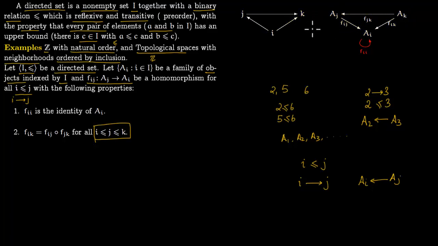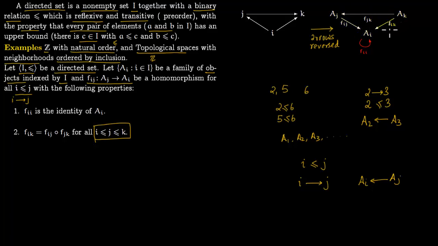Just notice the contravariance. The arrows have reversed. And this morphism here, we call it FJK just because of this order: J is less than or equal to K, so you call it FJK. Here IJ, so Fij. Here IK, so Fik. So you have a convention for naming the arrows also.